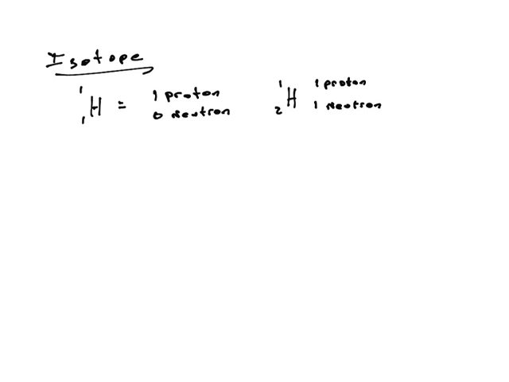Well, is it still hydrogen? It is still hydrogen. The fact that it has 1 proton demands that it's hydrogen. However, this version of hydrogen and this version of hydrogen are isotopes because they have different numbers of neutrons in their nucleus. The one on the right is heavier because it's got a neutron, while the one on the left has no neutrons. But they're still the same element.